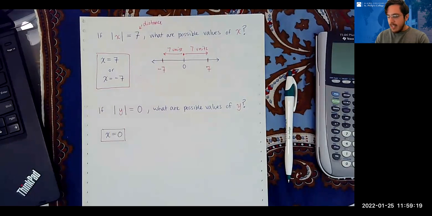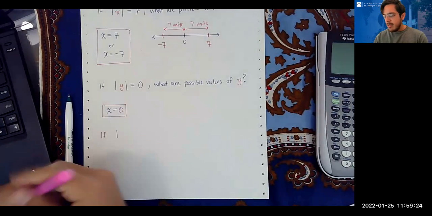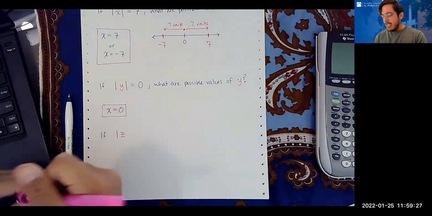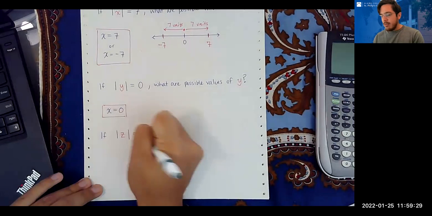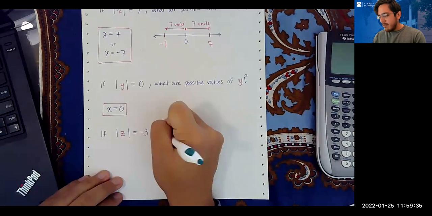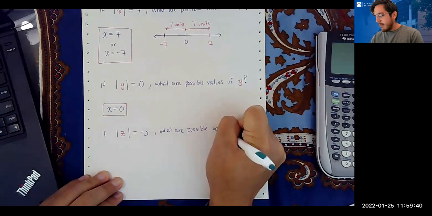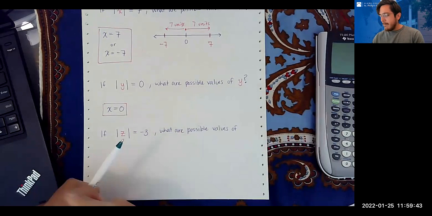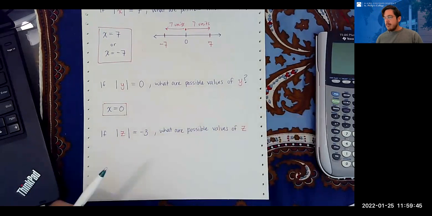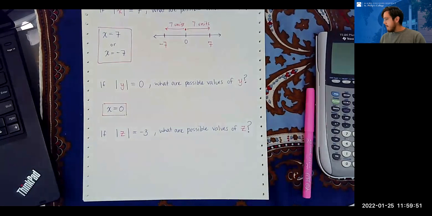And then finally, if they say, if z, some other number, if the absolute value of z is -3, what are possible values of z? Any ideas? It's still 3. Well, be careful here. We have to think about this.